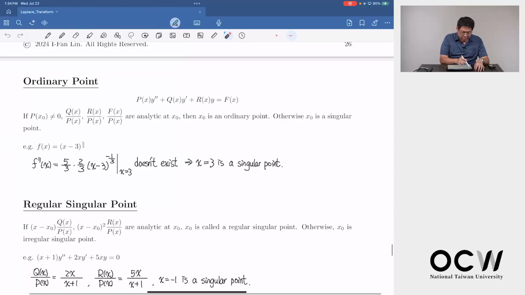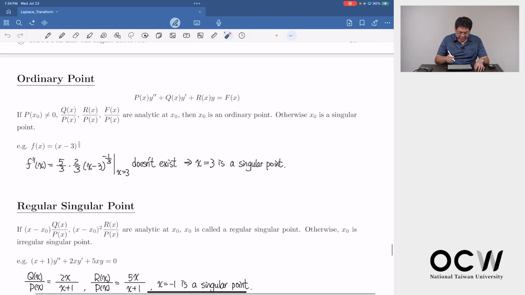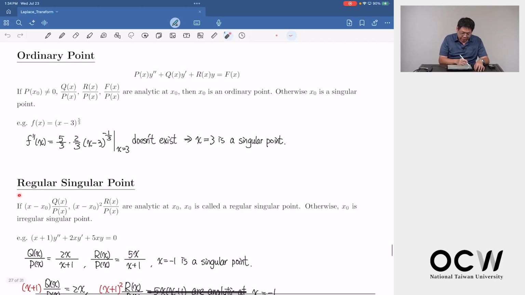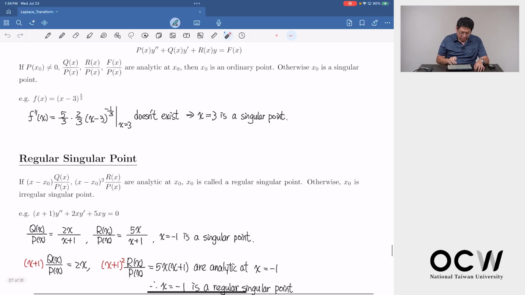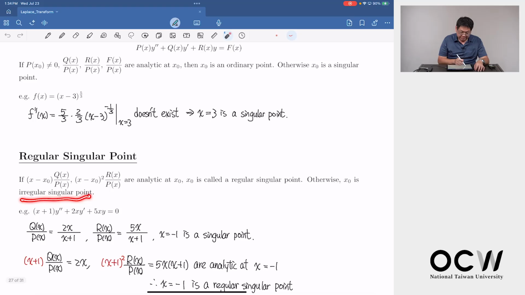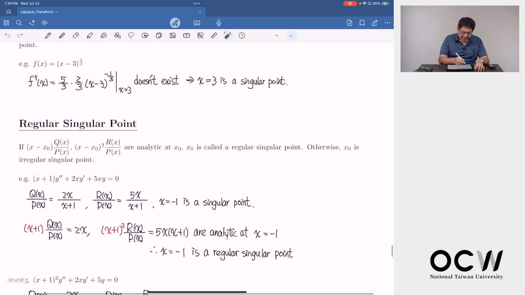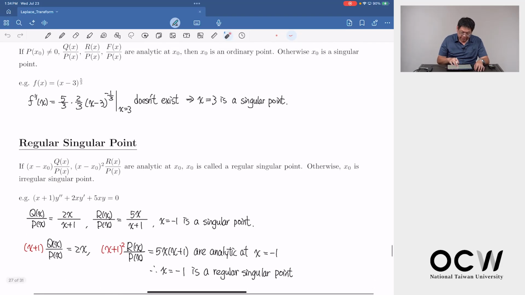Okay, so now once we know how to distinguish or verify whether x naught is an ordinary point or not, the next step: if x naught is a singular point, we can also divide it into two parts, a regular singular point or an irregular singular point. So first, let's see the regular singular point.